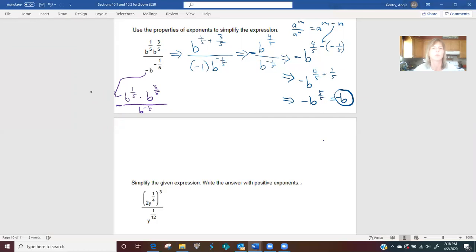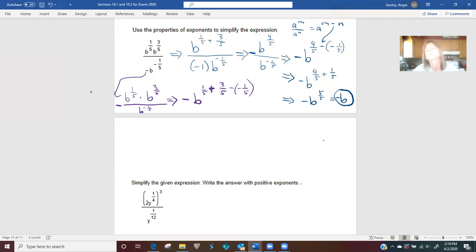To the negative 1/5. Okay. If you use the properties of exponents and go straight to that, you would have negative b to the. These are multiplied. So you're adding. And then you're turning around and subtracting.